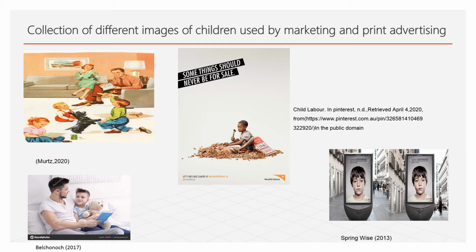The second image illustrates a child reading a book with his dad and smiling at his dad. The third image is about child labor. And the last image shows a child with bleeding on his mouth, which reflects a form of abuse.